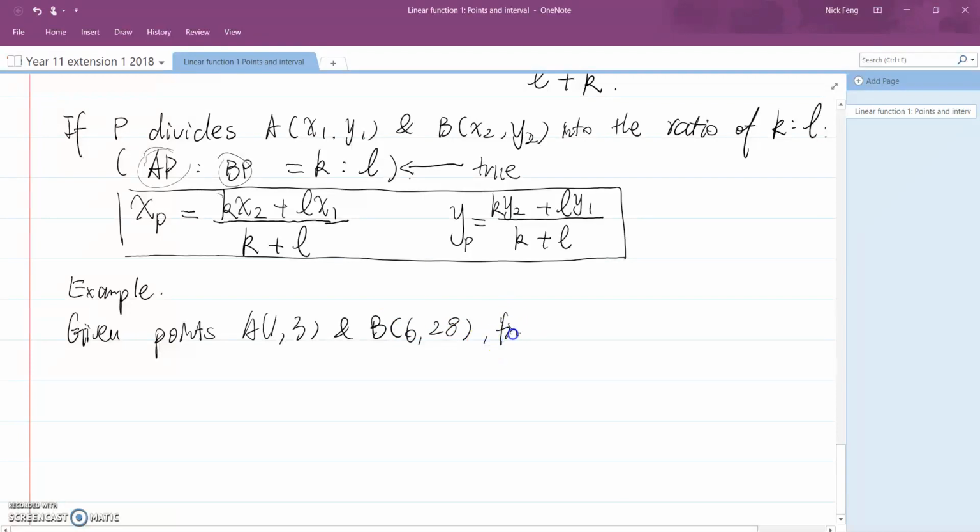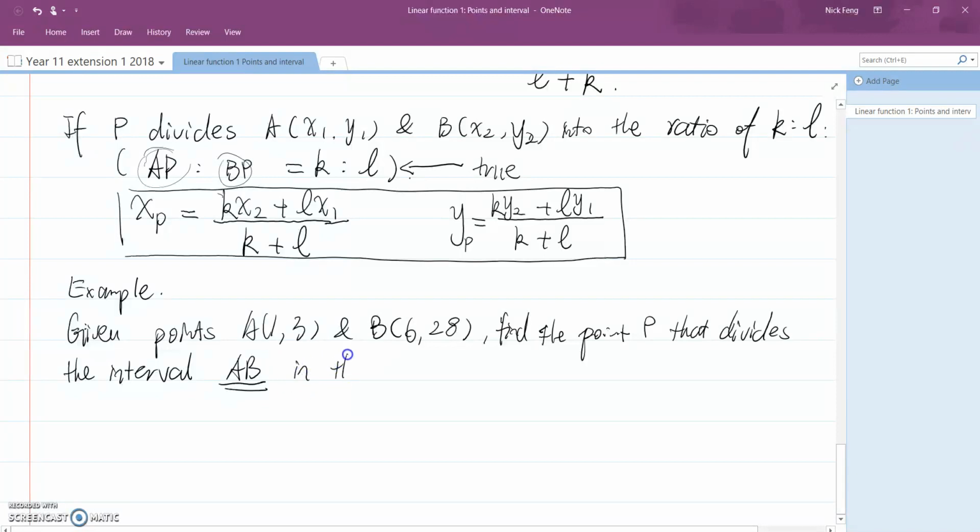Let's find the point P that divides the interval AB. Now please remember AB means AB, not BA, in the ratio 2 to 3. This is a very standard type of division point question.